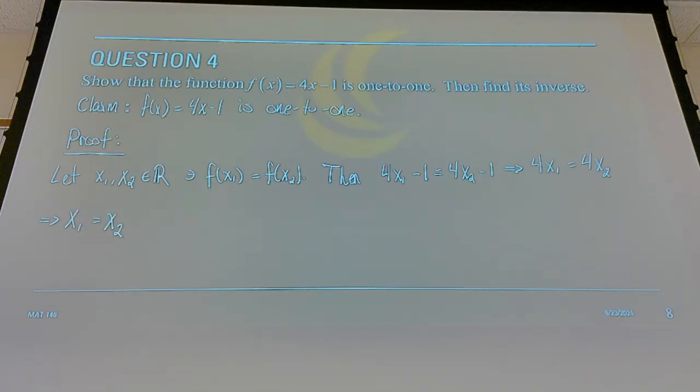But you can divide both sides by 4, which means that x1 has to equal x2.